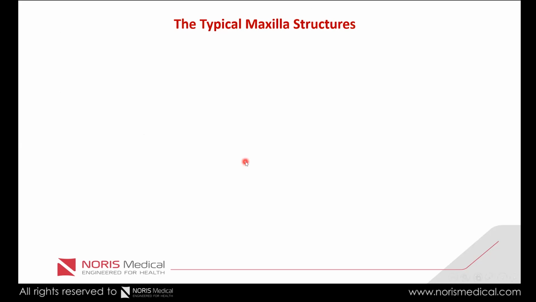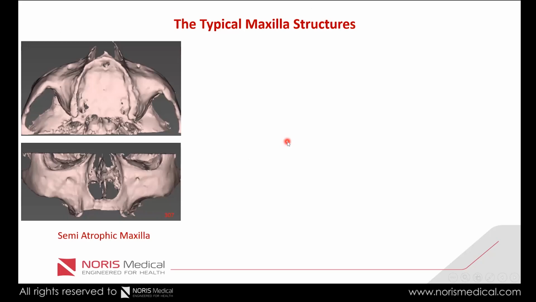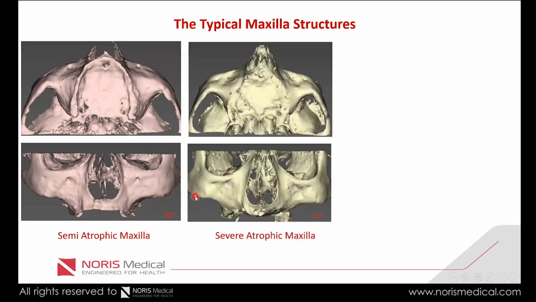Okay. So the typical maxilla structures that we're facing are semi-atrophic maxilla, where we have some bone on the ridge. We have complete severe atrophic maxilla. We have no bone on the ridge at all, a very, very thin ridge.